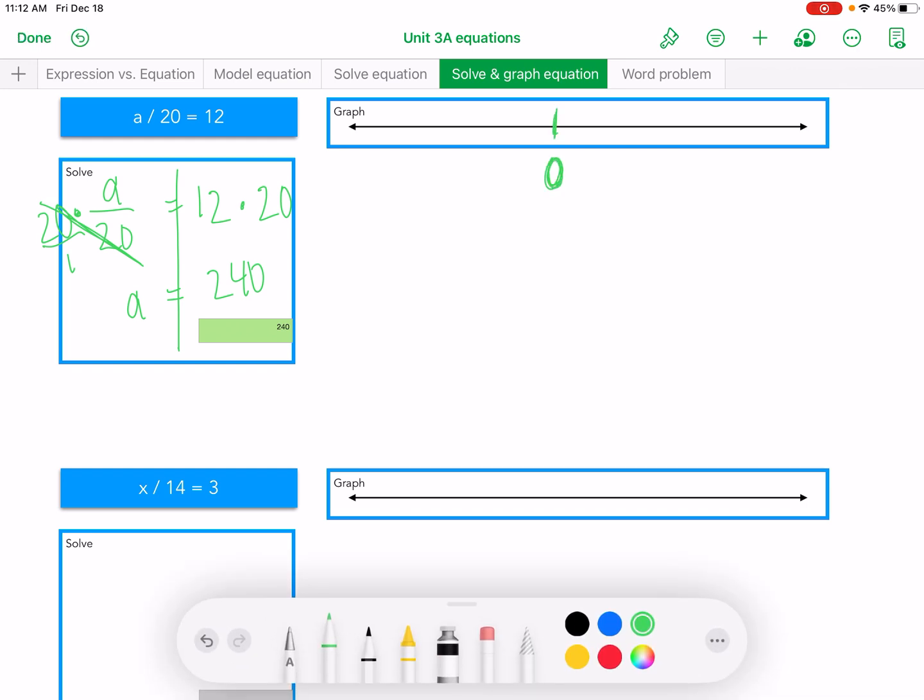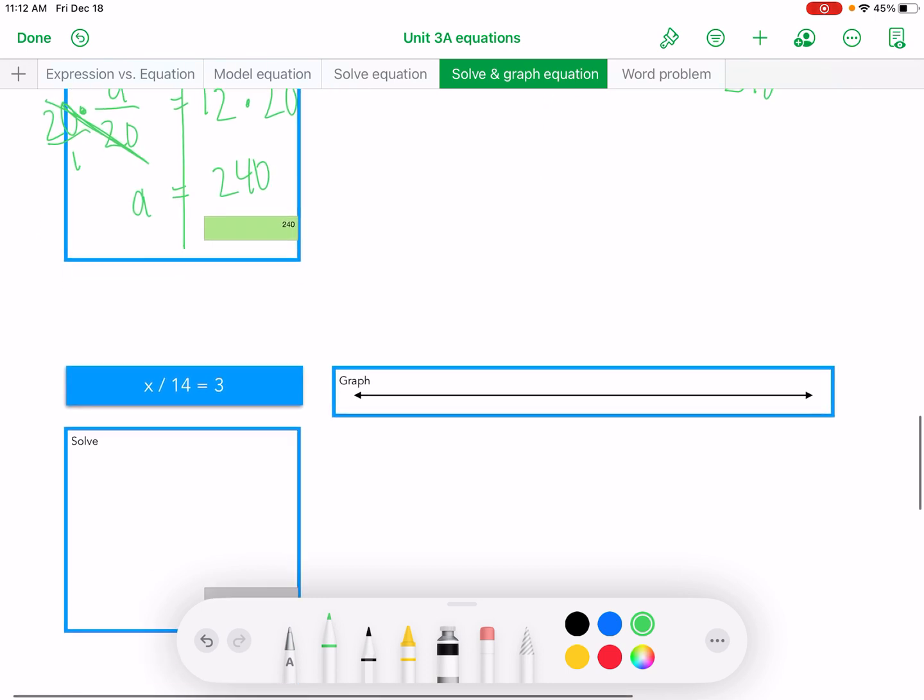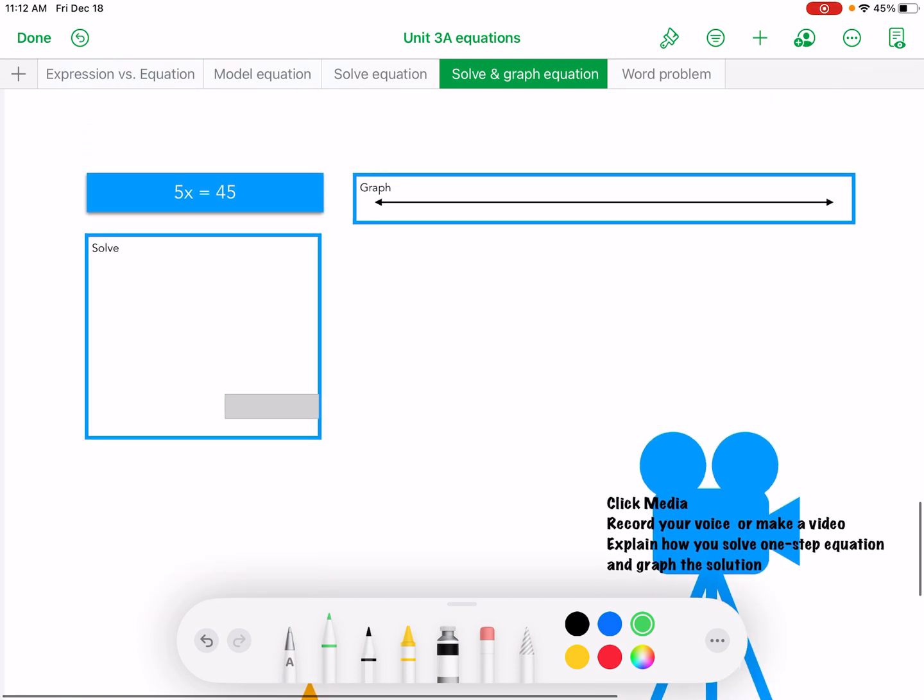This is its own number line. You do not need to compare it to the other ones that I made. So 240 can just be to the right of 0.